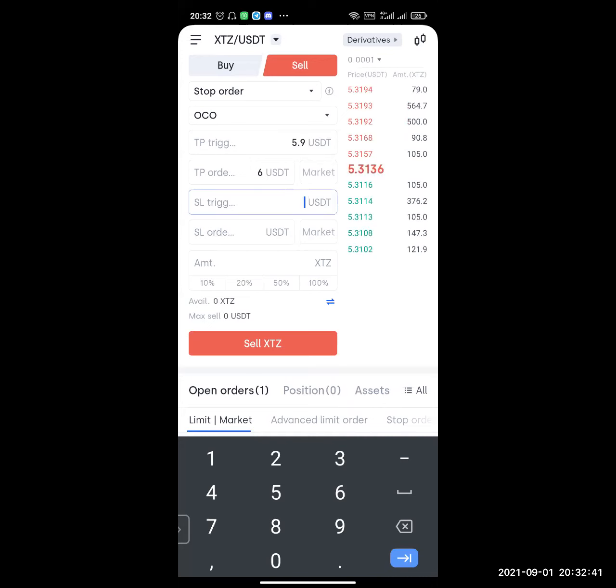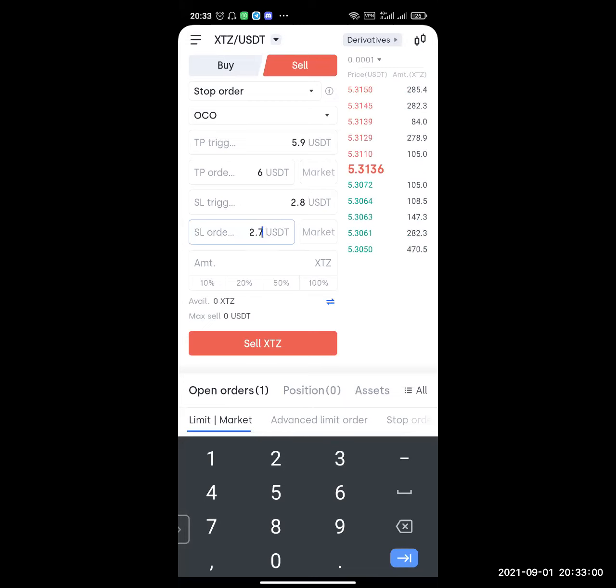So you come here, you say it should trigger for you at 2.8, and then the stop loss should be at 2.7.